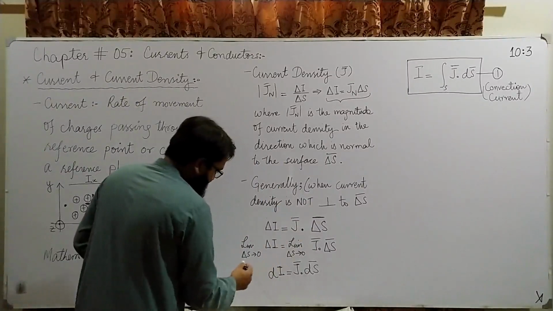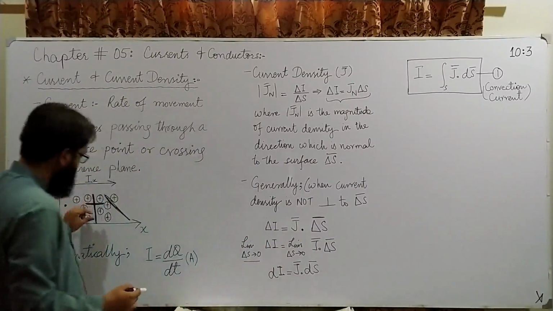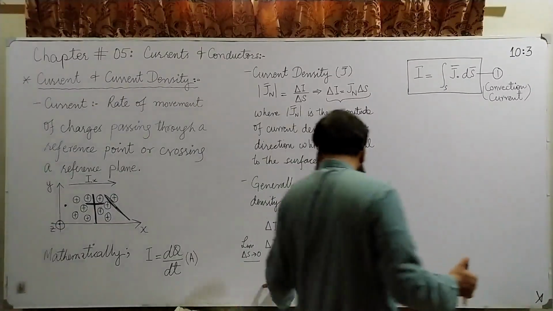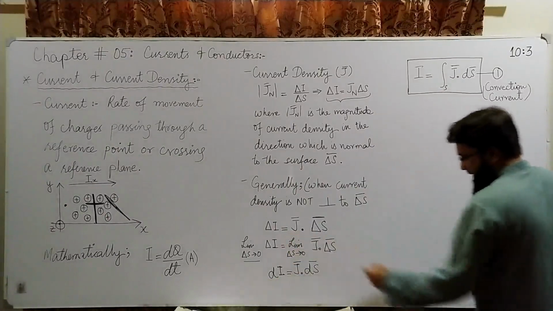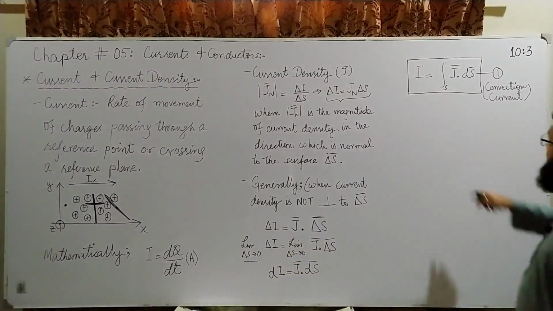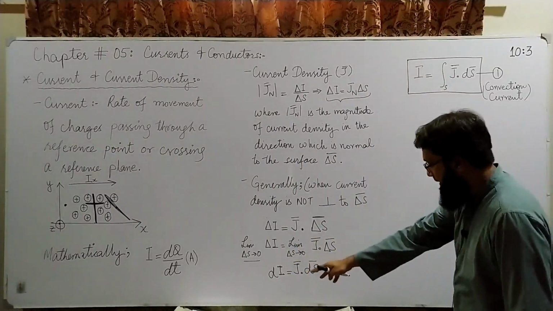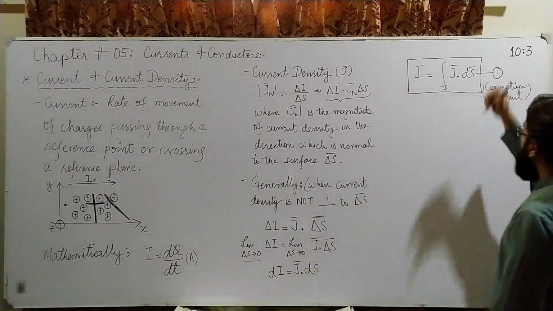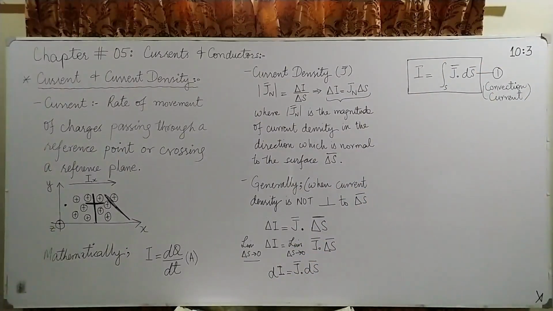If I apply the limit that the surface is so small that it can be treated as a point, we'll convert the incremental entities into differential entities, and if I integrate this over the whole surface area, which is not closed, we'll get equation number 1.